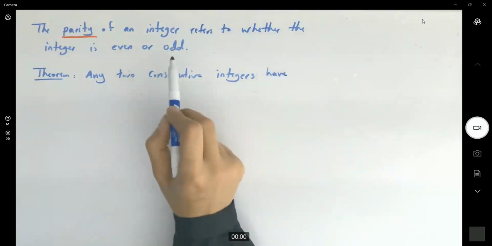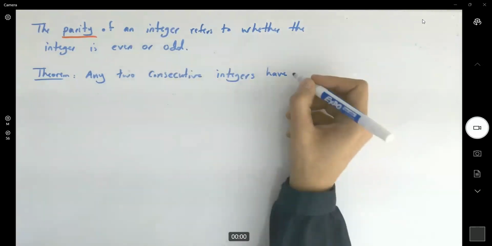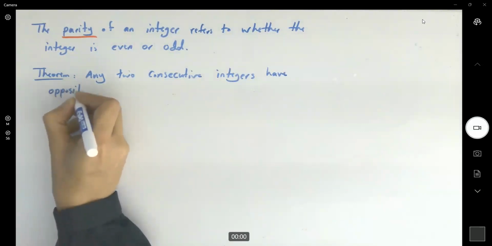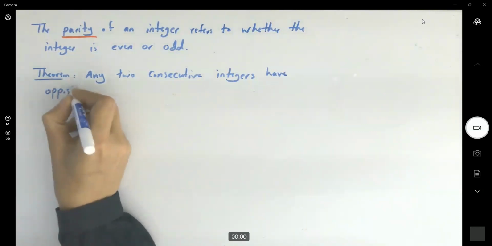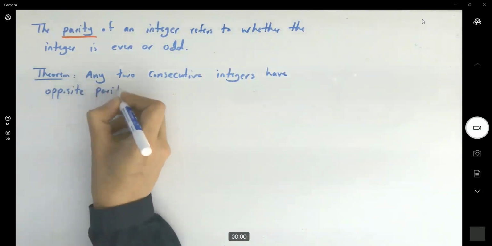It means that one of them is even, the other one is odd, or the first one is odd, the second one is even. Parity.